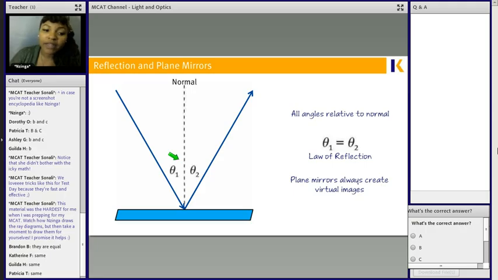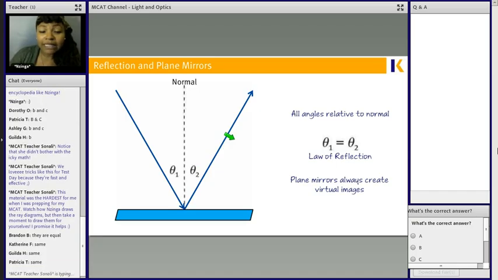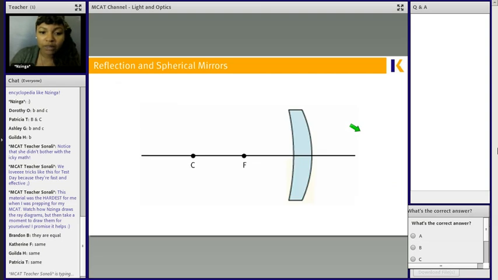Okay, so the angle of incidence that we have here and the reflection, they're going to bounce off at the exact same angle. Okay, so good. So now let's take a look at how we can delve into your various types of concave and convex mirrors that you need to know about when it comes to test day. So when theta 1 is equal to theta 2, classic reflection is what you're dealing with.